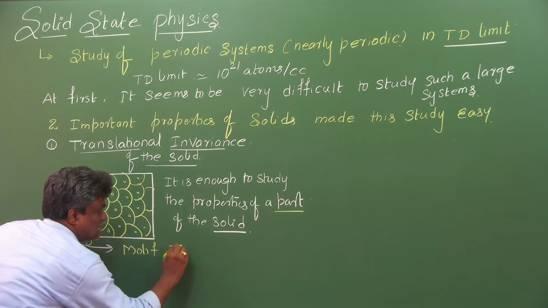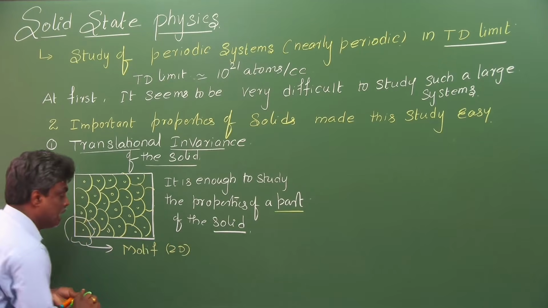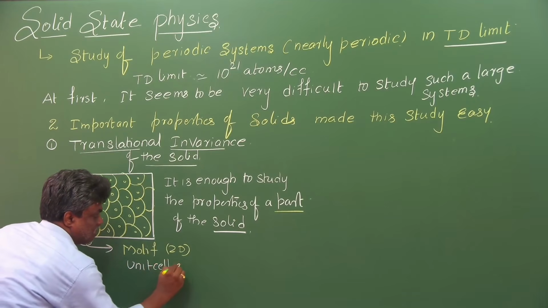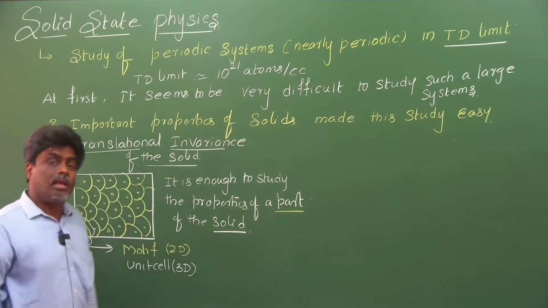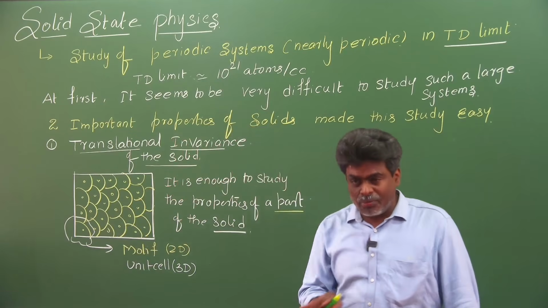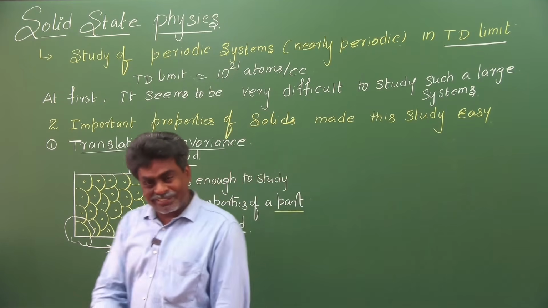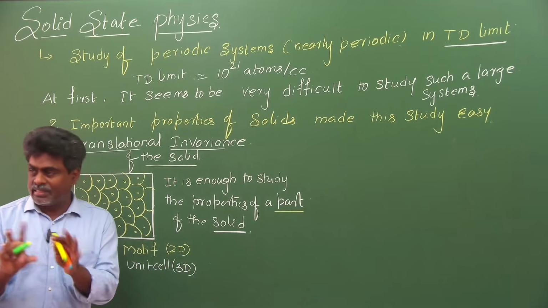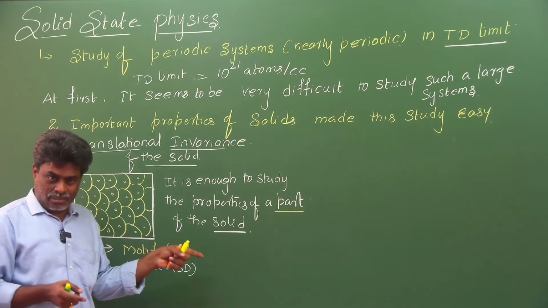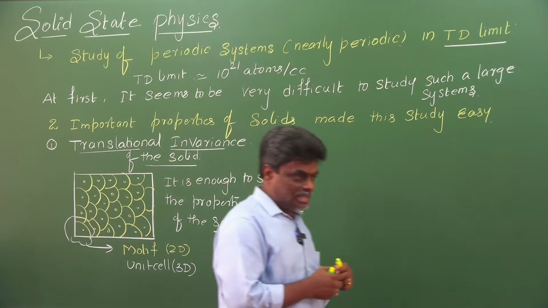In 2 dimensions we call it a motif, and in 3 dimensions we call it a unit cell. Earlier, in the beginning of crystallography, that was the case, but nowadays everyone uses the word unit cell. Strictly, the term is motif for 2 dimensions. Is it clear?